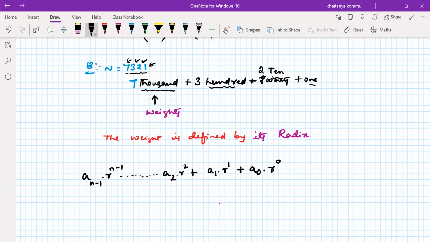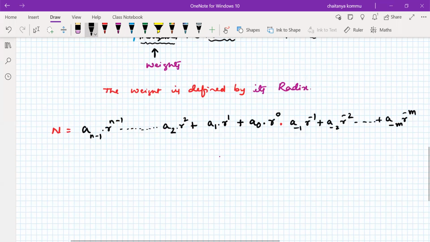Are you agree with me? So we are giving the values to a number. Put the point here, and again we can start the fractional part: a minus 1 r to the power of minus 1 plus a minus 2 r to the power of minus 2, and so on up to plus a minus m r to the power of minus m. So this is how we have to give the value to the number.